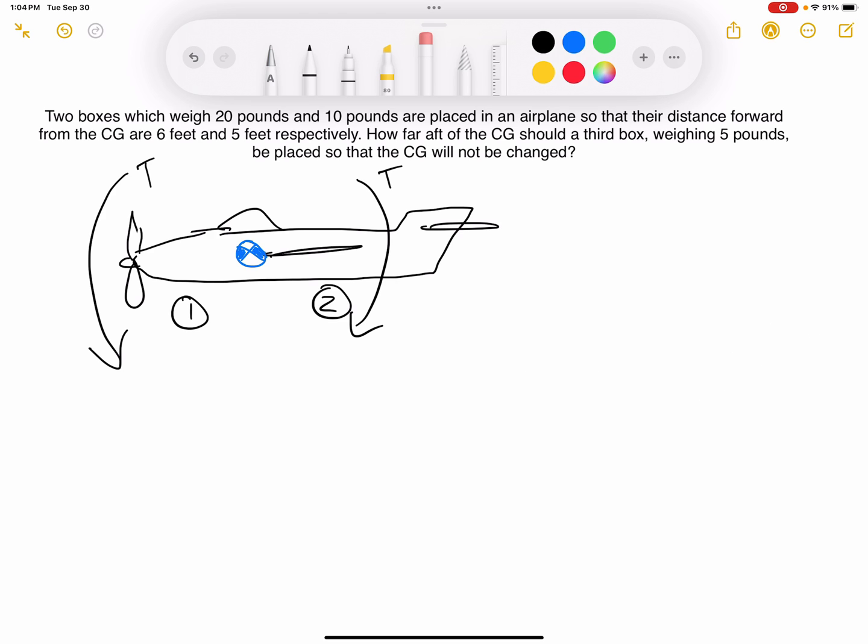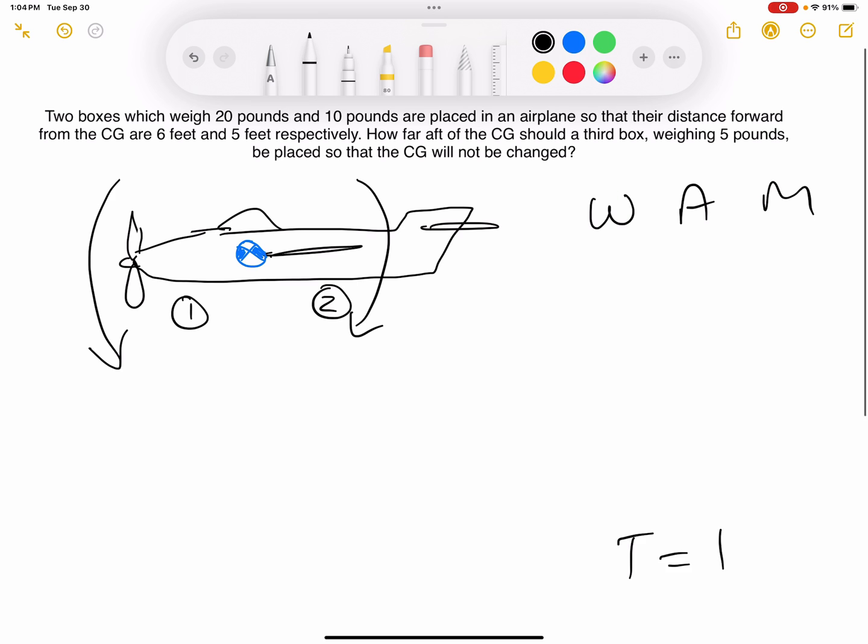So instead of a torque, again, we're going to call it a moment. So what is a moment? We have an equation that we're going to use, and it's WHAM. Just like torque equals force times distance, we have our force, which is in units of weight.